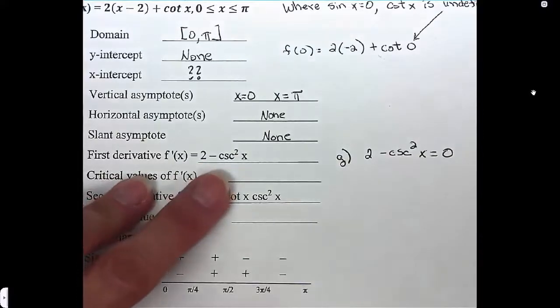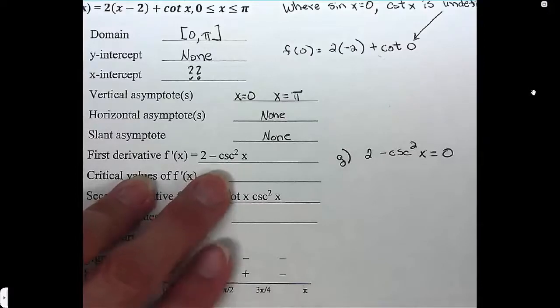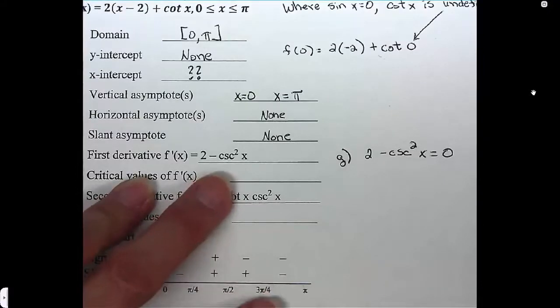Or, what makes that undefined? What makes cosecant undefined? Wherever sine is 0, which would be 0 and pi, but we already know what's going on at 0 and pi, so we don't have to list them as critical numbers. The function's undefined there.